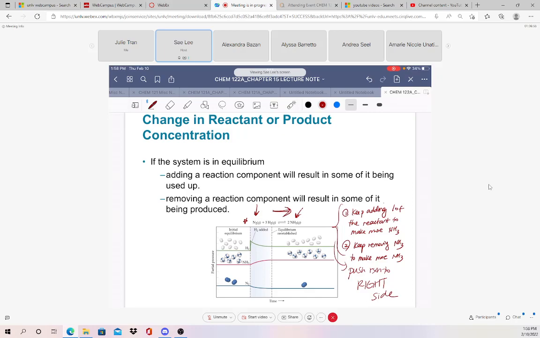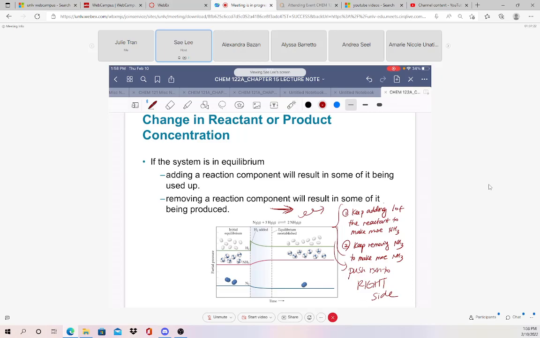Any substance that has been added will be used up in the reaction. Any substance that has been removed will be produced more in the reaction. Now that the product keeps being removed, the equilibrium shifts toward the right so that it can make more product to stay at equilibrium.